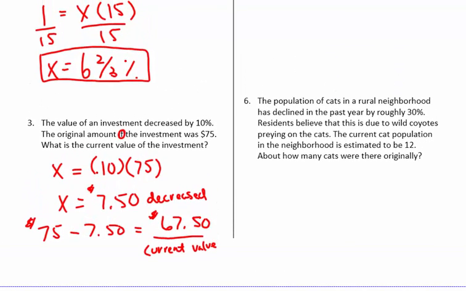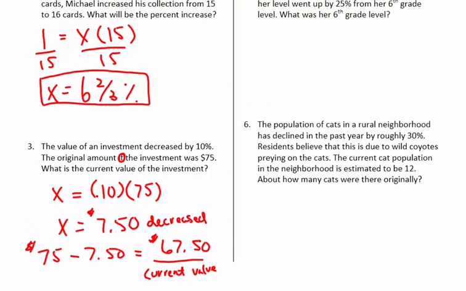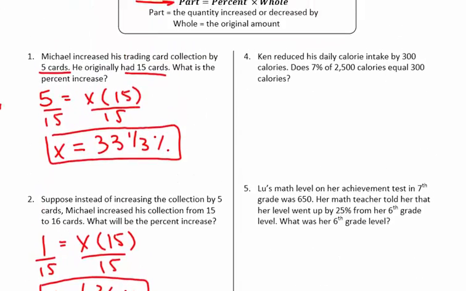Another way to look at number 3, if it decreased by 10%, that means I still have 90% of my value. So if I were to find 90% of $75, that also would give me the same answer, $67.50. So it's another way to look at the questions.